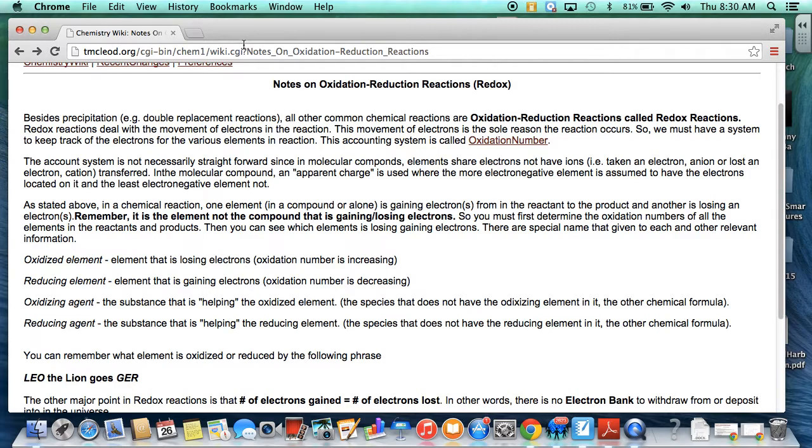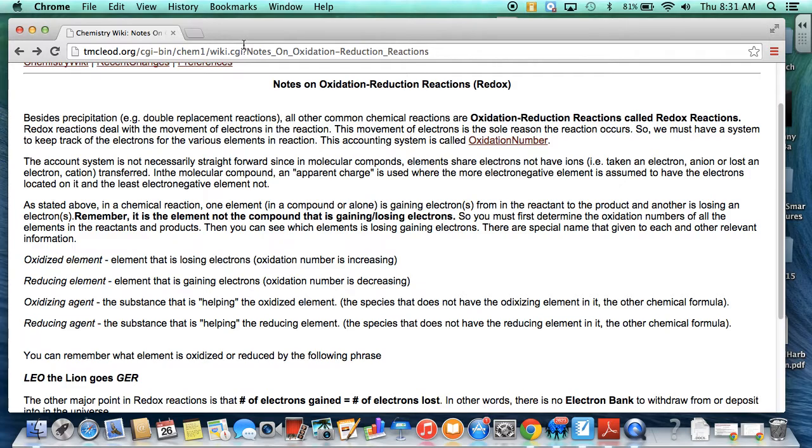The interesting thing is that when we talk about substances being oxidized and substances being reduced, the other part is there are actually agents that help things be oxidized and reduced, called oxidizing agents and reducing agents. And all of these substances actually are on the reactant side.